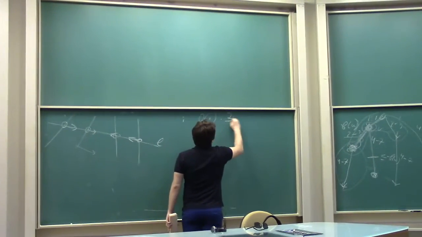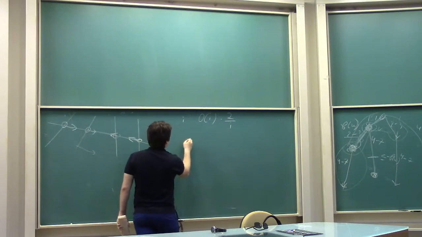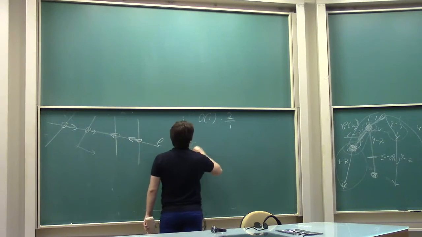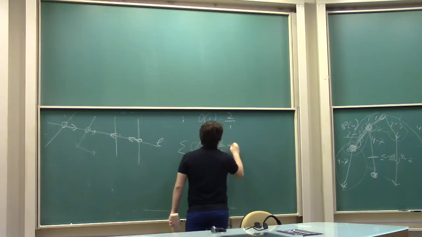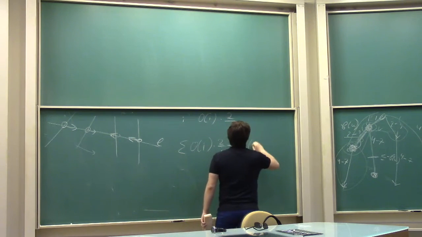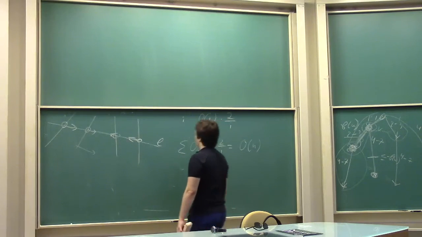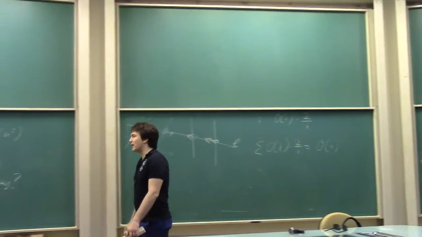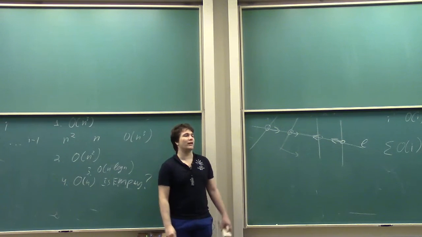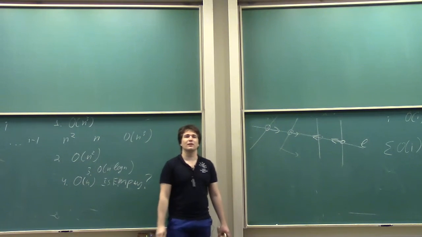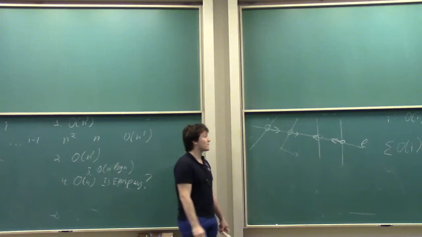It's 2 divided by I. So the total work time is the sum of I multiplied by 2 divided by I, which is linear time in total, because the expected time to add one new line is constant. That's it.